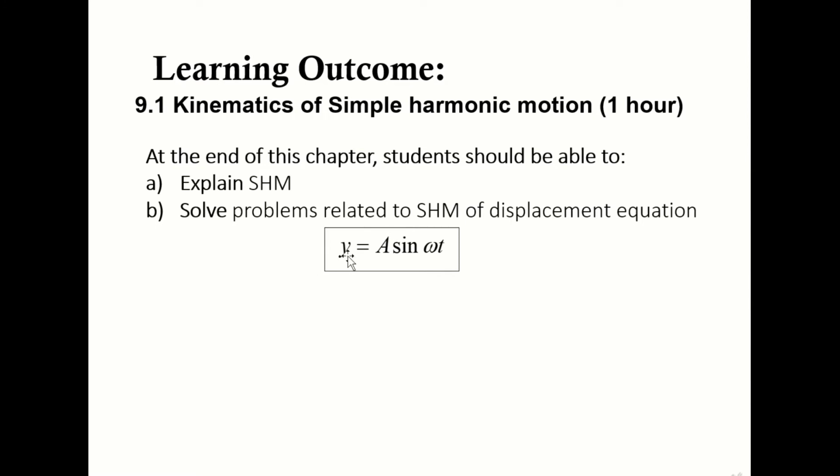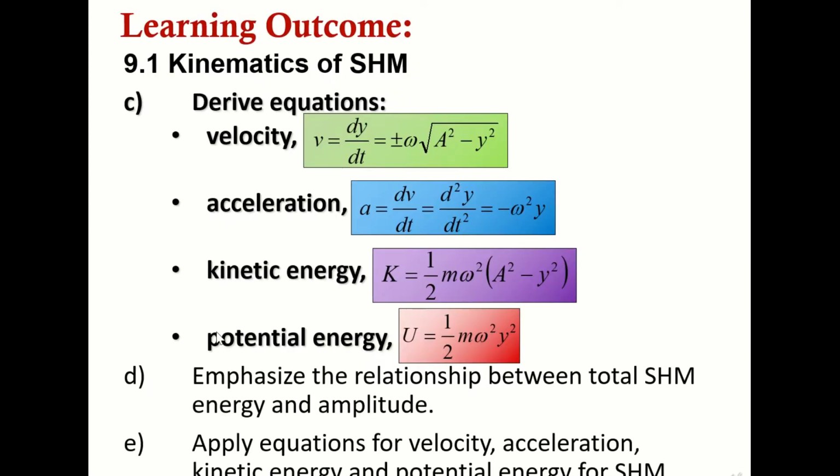The motion will have a displacement and the symbol is y, and the motion will be translated into a graph of sine function, or it can be cos. So this is the basic equation. The third learning outcome is to derive the equations for velocity, acceleration, kinetic energy, potential energy.